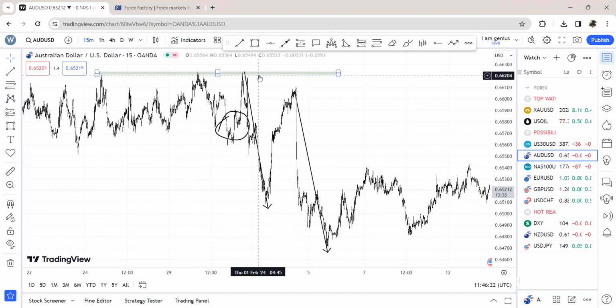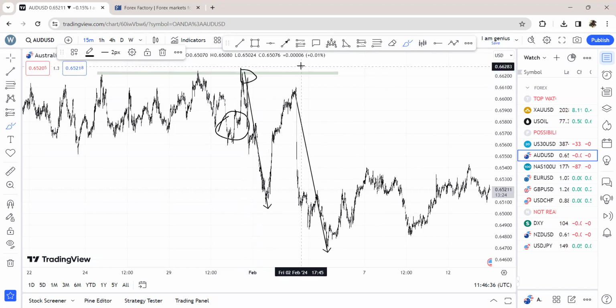Since you have news now backing up your analysis, your price action analysis or technical analysis, it means that this entry all of a sudden is going to have a lot of meaning and value and confluences backing it up, meaning it's likely to play out.